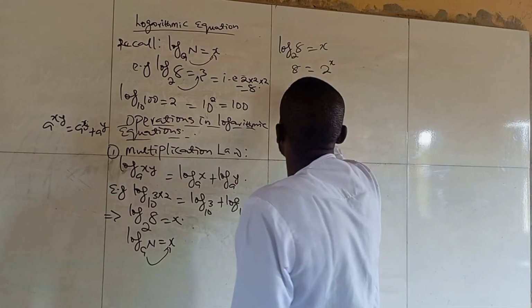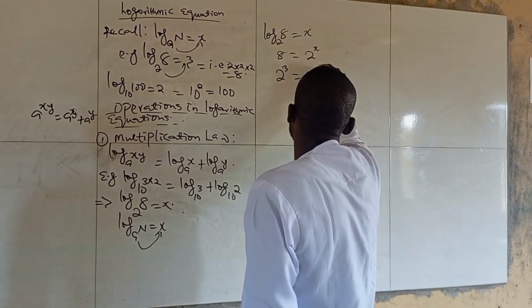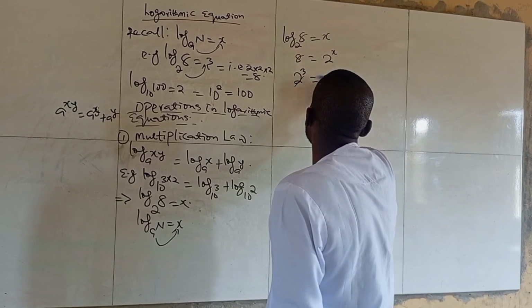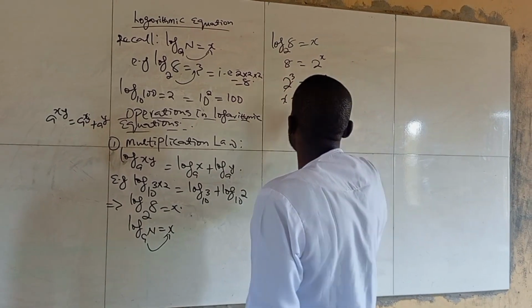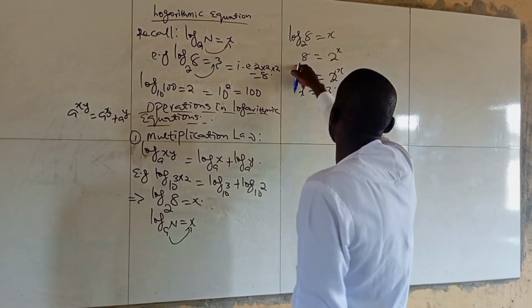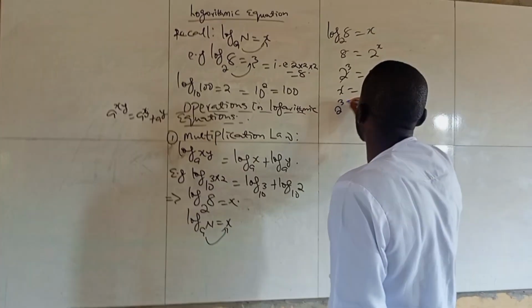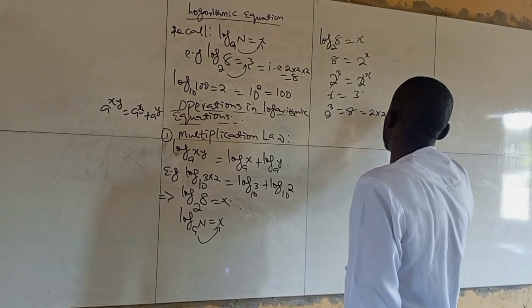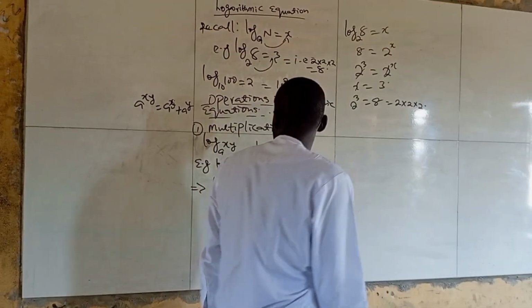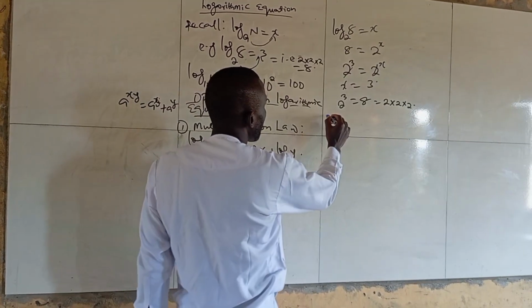We have 2 raised to the power of 3 is equal to 2 raised to the power of x. Okay, the 2 will take care of this, and then x is equal to 3. Let's check. Is it true that x is equal to 3 will give us 8? Of course, when we have 2 raised to the power of 3, that will give us 8, which is 2 times 2 times 2. Now let's look at the next law, which talks about division law.